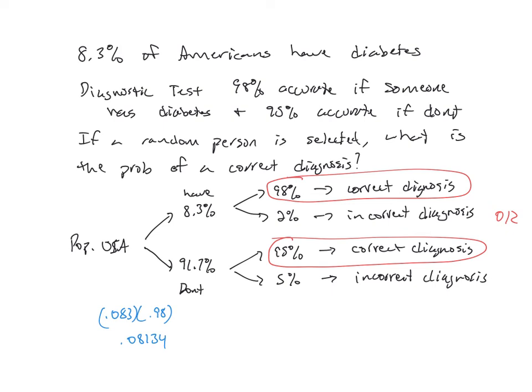Okay, and then I'm going to do the same thing for the bottom part. I can put 0.917 times 0.95, and I get 0.87115.